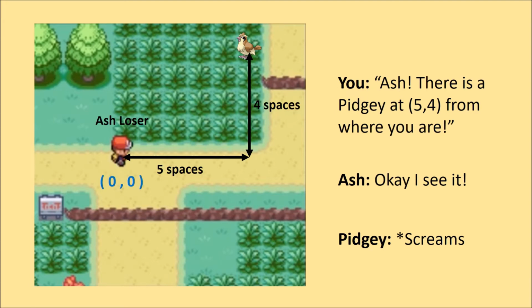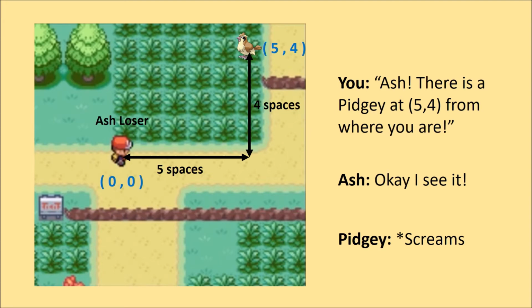Here I assume that Ash Loser is standing at a spot 0, 0, and that the PG, being at 5 spaces to the right and 4 spaces upwards, I assign two numbers 5, 4 to where the PG is. Now this is what we call coordinates.